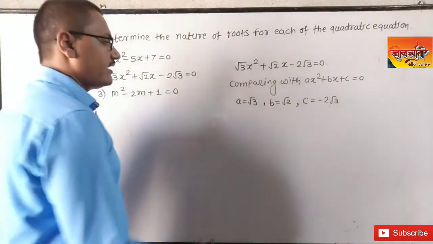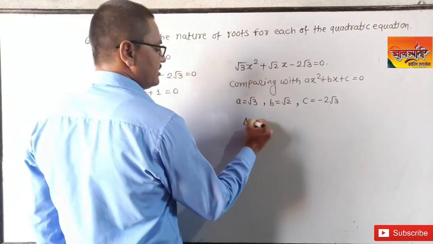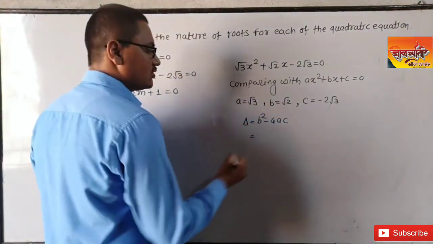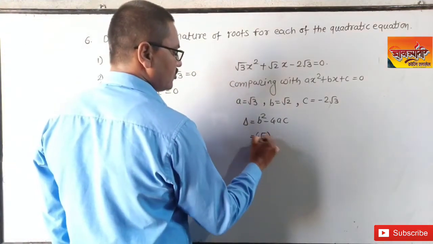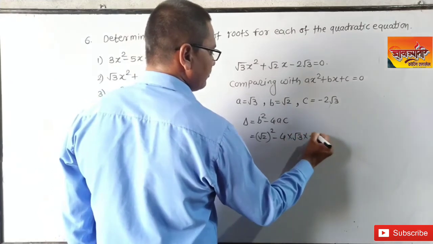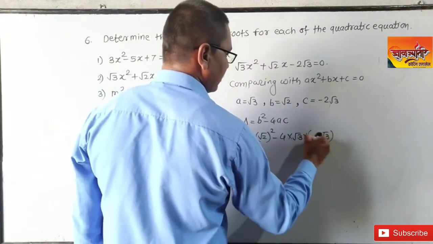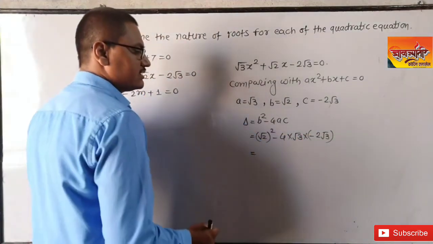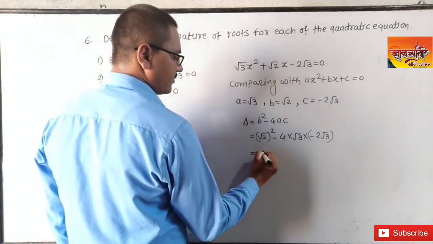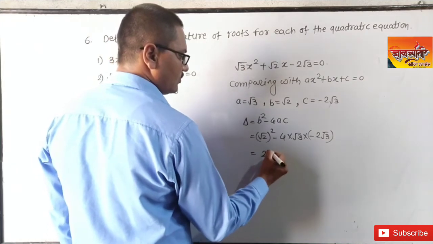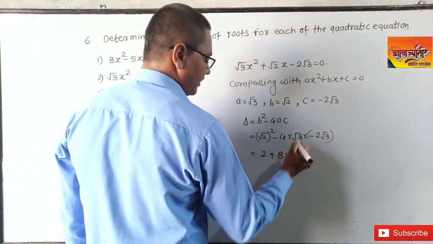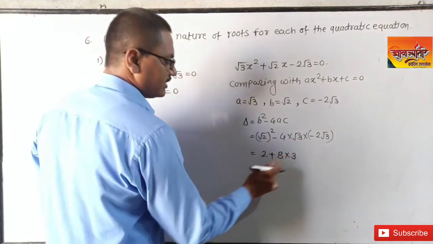Then find delta is equal to b square minus 4ac. Substituting, root 2 square minus 4 into root 3 into minus 2 root 3. After simplifying, we get 2 plus 8 into 3.